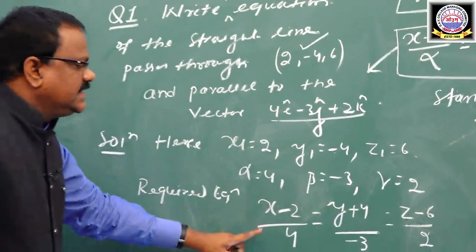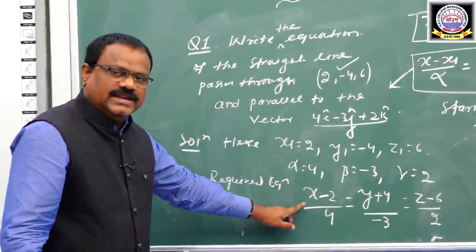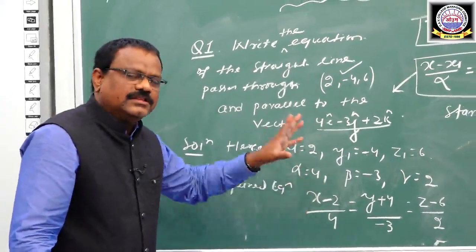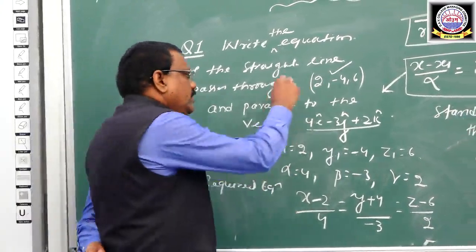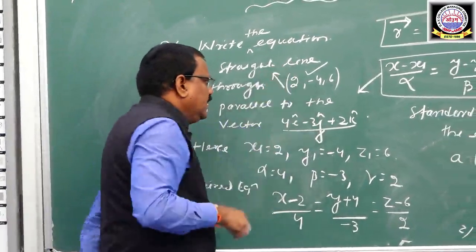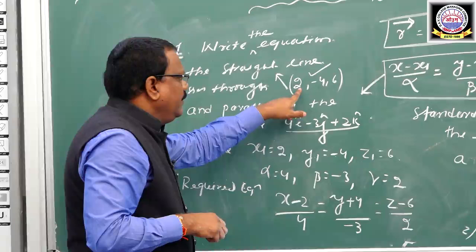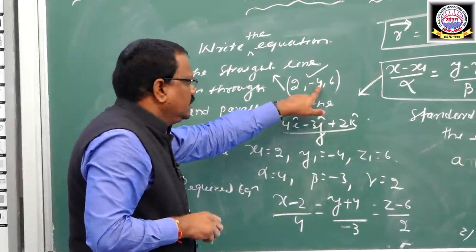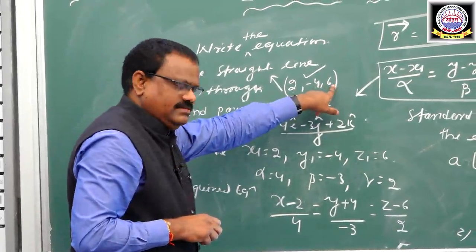So this is the Cartesian equation. Now the vector equation: the A vector is 2i minus 4j plus 6k.